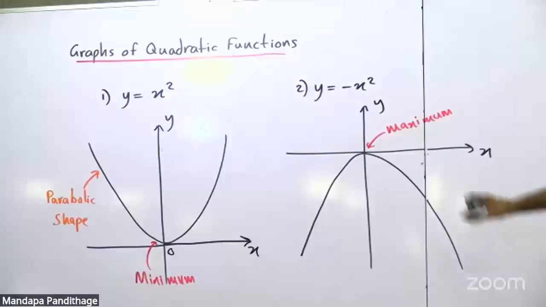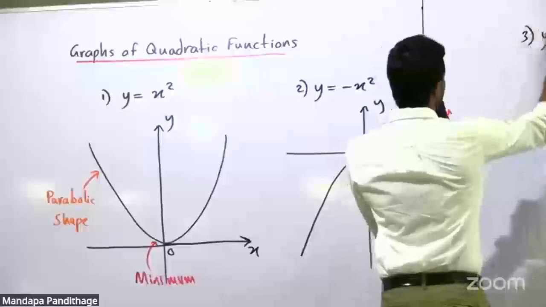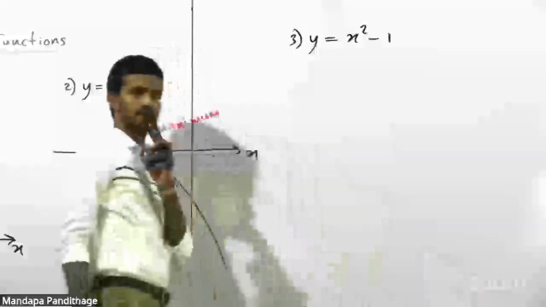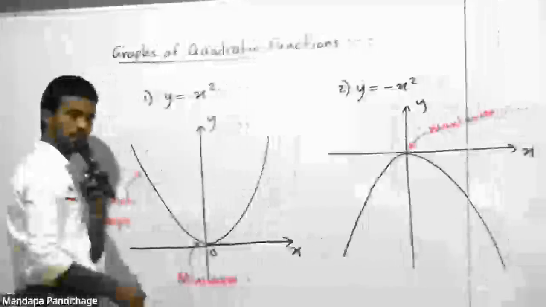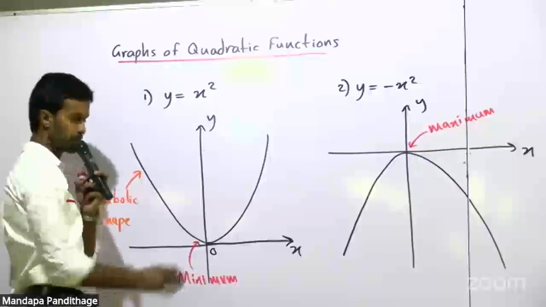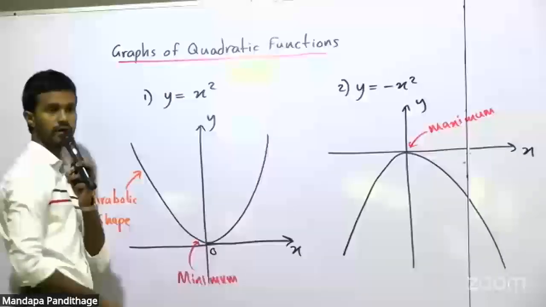Okay. Now let's say we have been given y equals x squared minus 1. Now look at this. This is y equals x squared. When you have been given y equals x squared minus 1, that means this parabolic shape graph comes down by 1 unit. Clear?